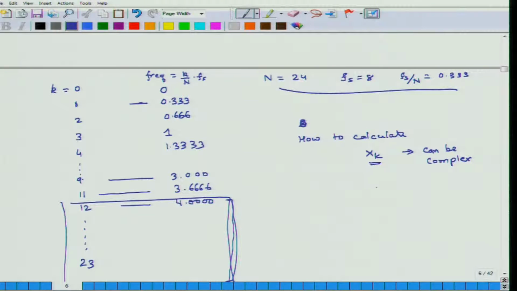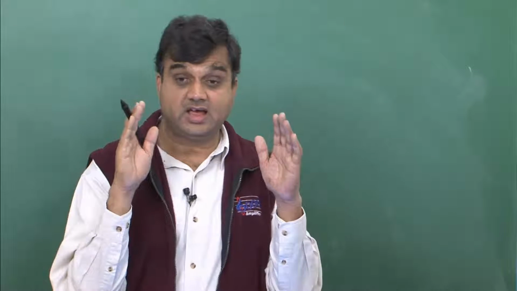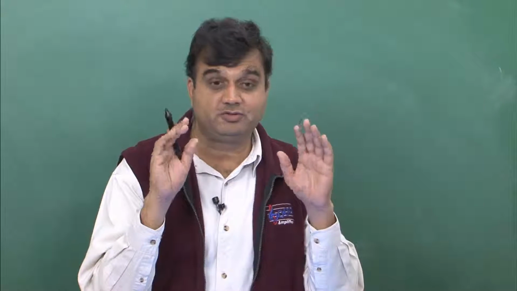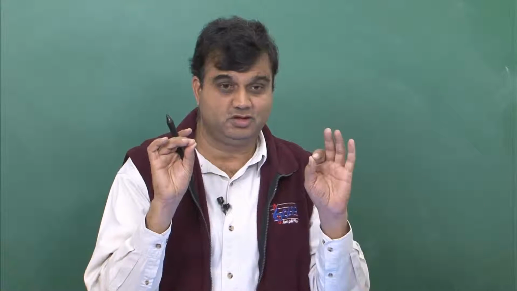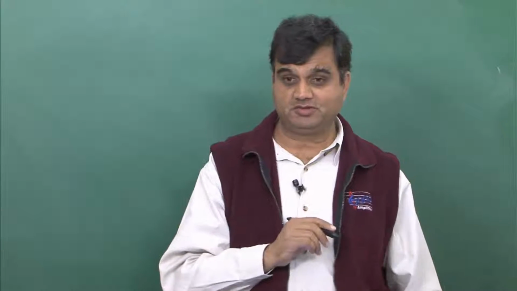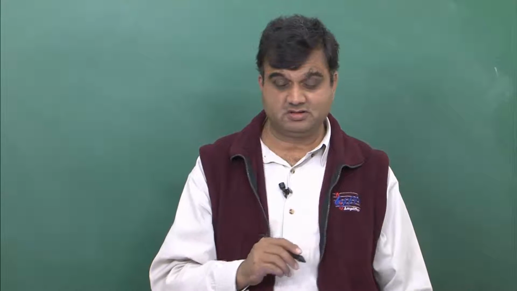And I also know how to calculate frequency. So, this is Xk by itself. If I multiply this by 2 and divide it by 24, I get the complex amplitude of that frequency. Okay, do you understand this? Yeah.